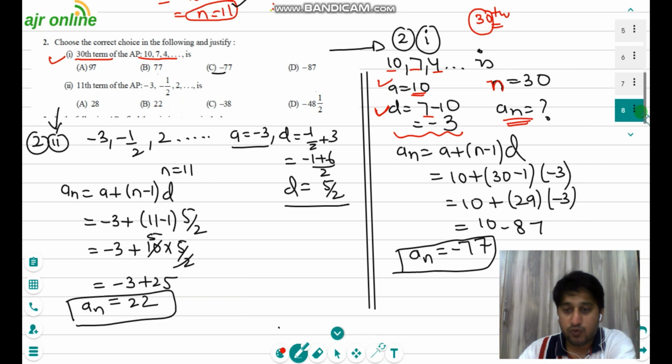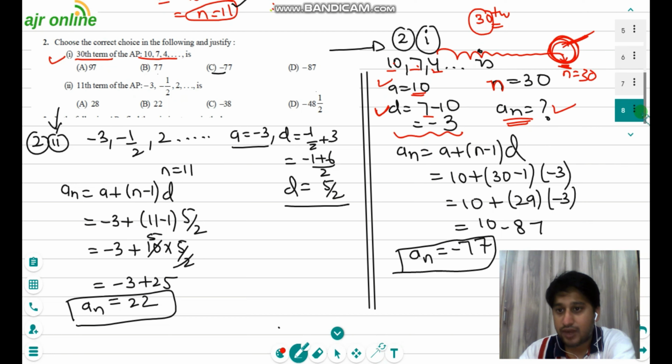For example, this is the first place, this is the second place, this is the third place. Like this, if we go on, any place will be the 30th place. What number is there, that you have to find out. So n is 30 and we have to find an.